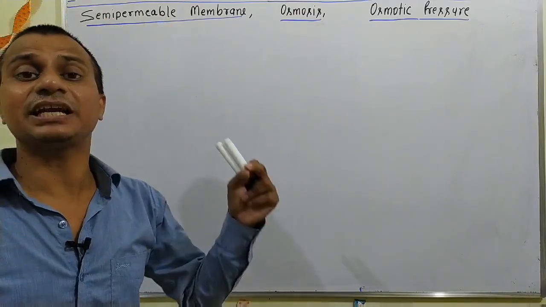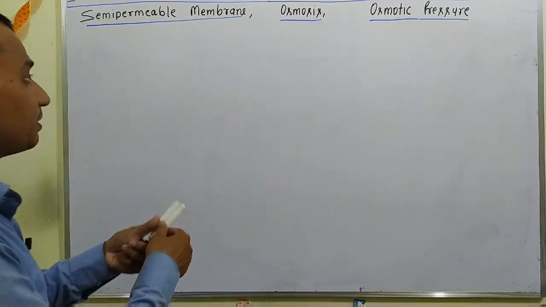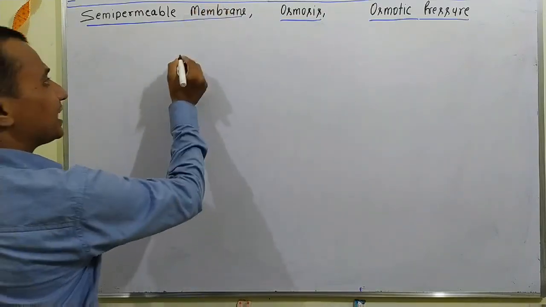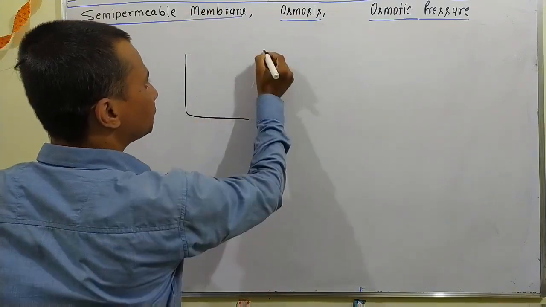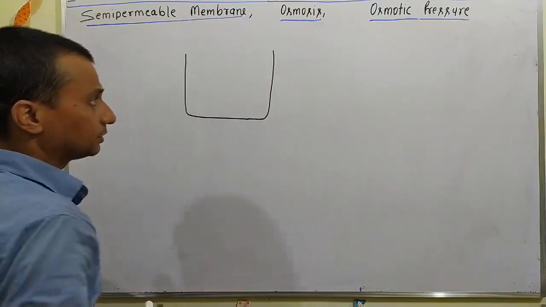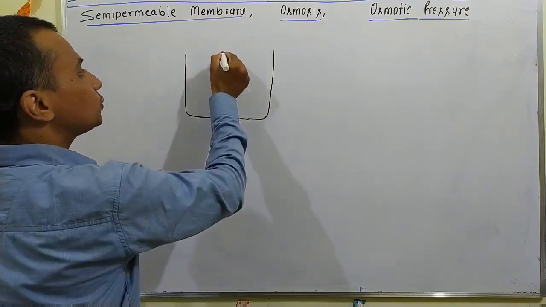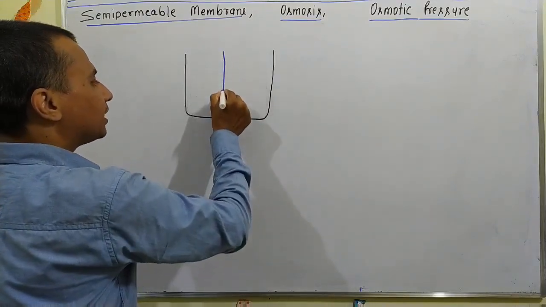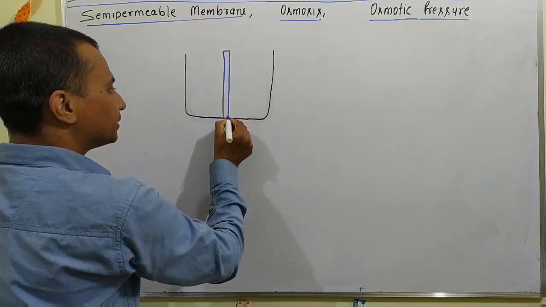This is a special type of membrane. To understand this membrane, let us consider an experiment. Here is a beaker. This beaker is separated into two parts by a special type of membrane.